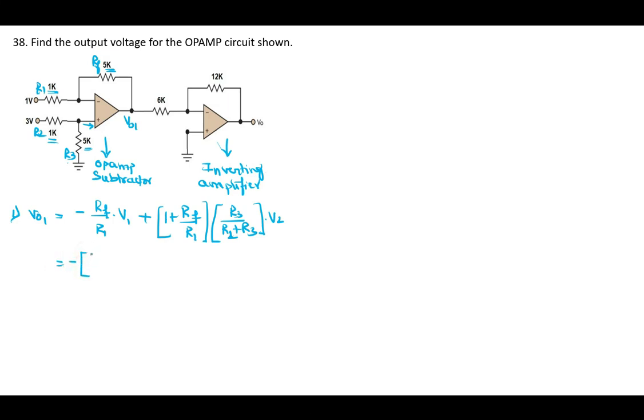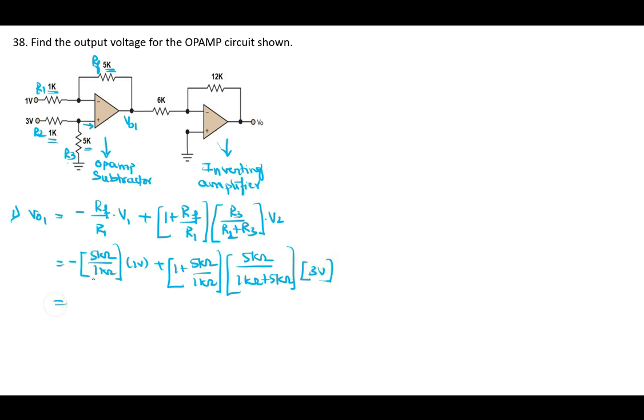Minus RF is 5 kilo ohm, R1 is 1 kilo ohm, into 1 volt, plus 1 plus 5 kilo ohm by 1 kilo ohm, into R3 is 5 kilo ohm, R2 is 1 kilo ohm, R3 is 5 kilo ohm, into 3 volt.